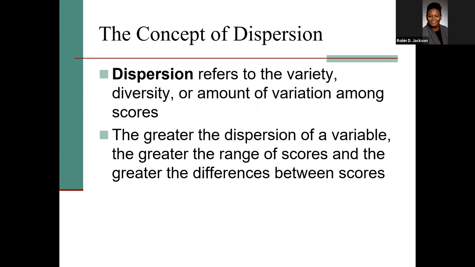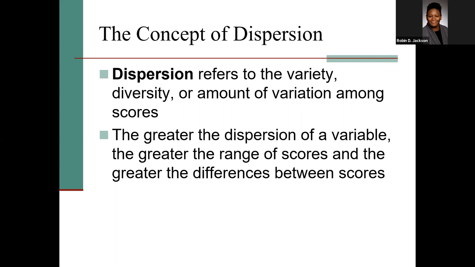Additionally, measures of dispersion show how the data is spread around the central value, which is typically the mean. So simply put, it shows us how squeezed in or scattered the variable is, how closely squeezed in those scores are and how close they are to the mean versus how far apart and how spread out they are from the mean.